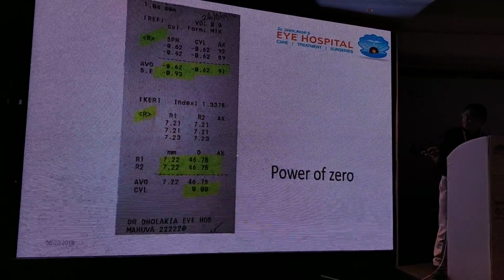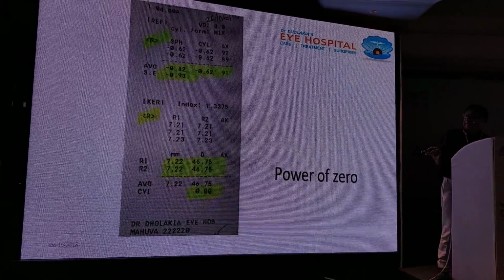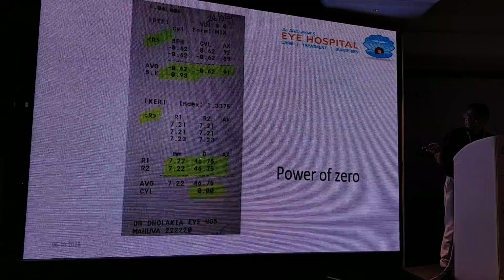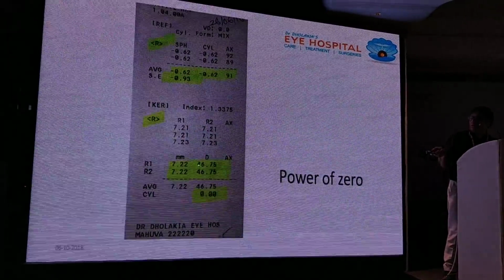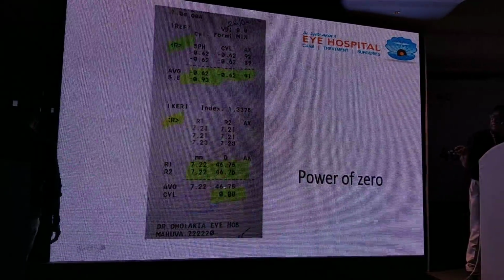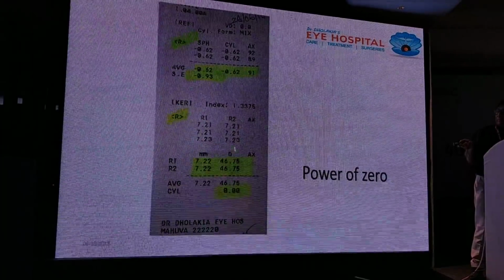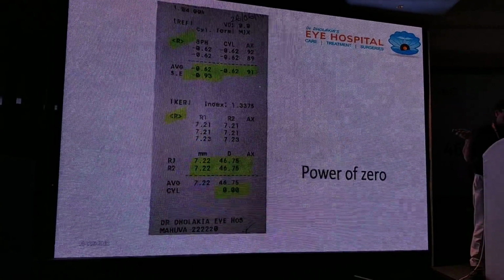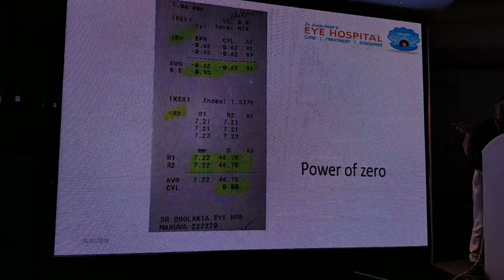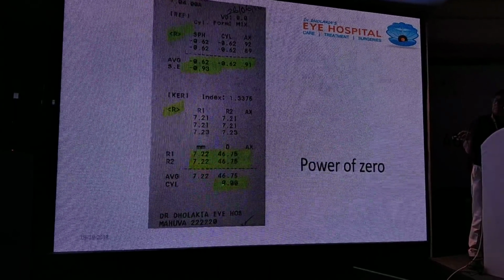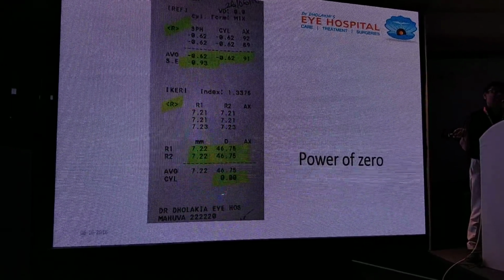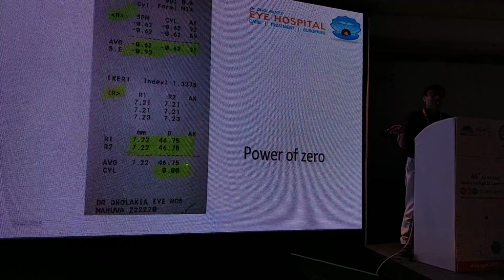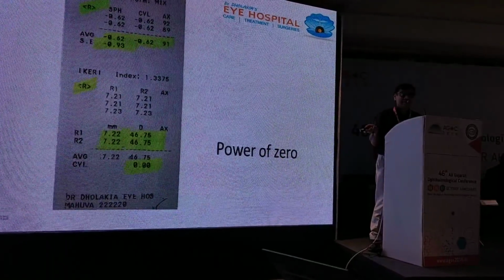Let us see the case of 0. Here K1 and K2 are practically 0, 0. Delta K is 0, K1 and K2 are the same. Even though K1 and K2 are the same, the patient accepts minus 0.62 at 90 degrees. I have almost 20 plus patients where K1 and K2 were 0 in my retrograde study.